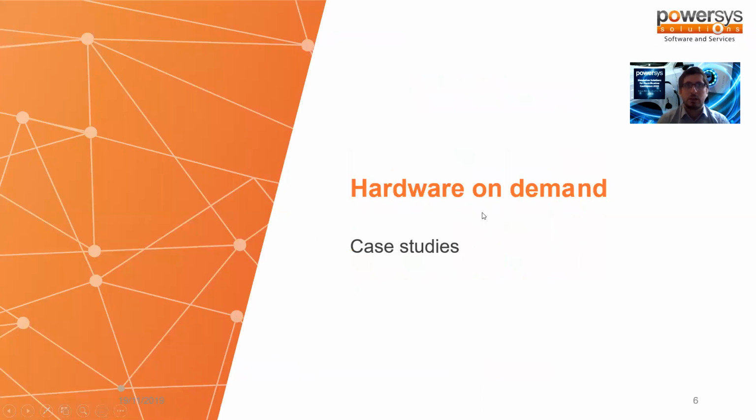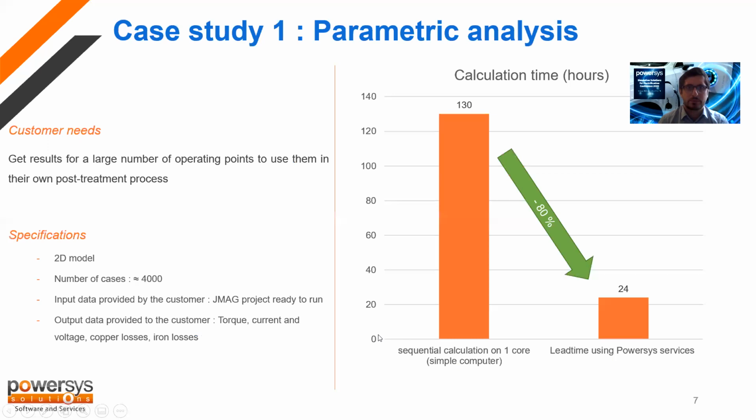Now I will share with you 3 case studies based on previous collaborations we have done with our customers. In this first case study, the user needed to run a very large number of simulations to export the results in their post-treatment process and take into account a large number of operating points.